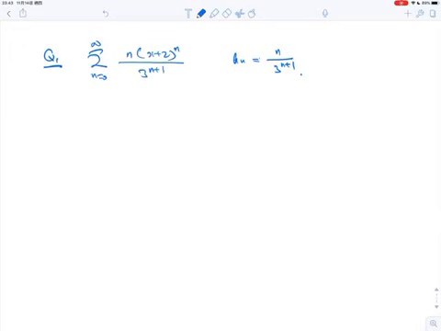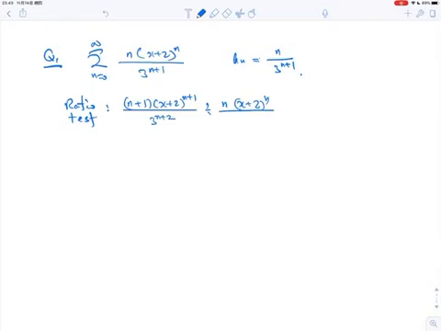Now I will leave you to check that the ratio test would be (n plus 1)(x plus 2)^(n plus 1) divided by (3(n plus 1) plus 1), and divided by n(x plus 2)^n divided by (3n plus 1).